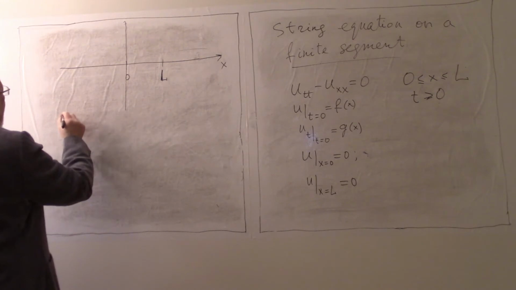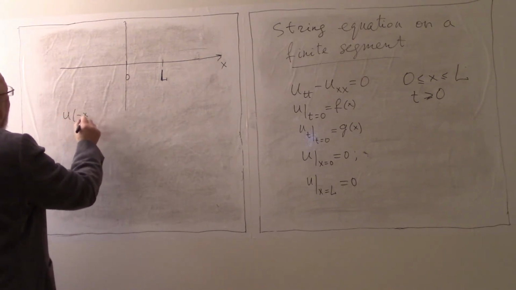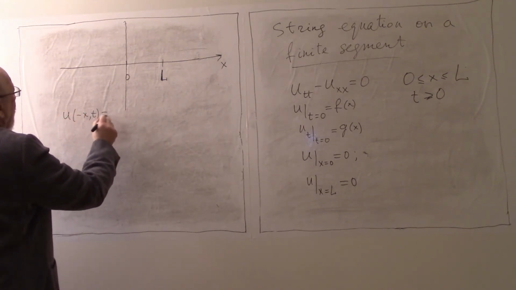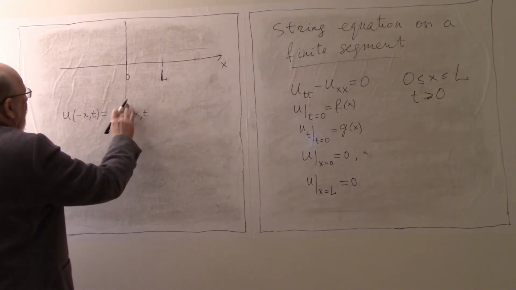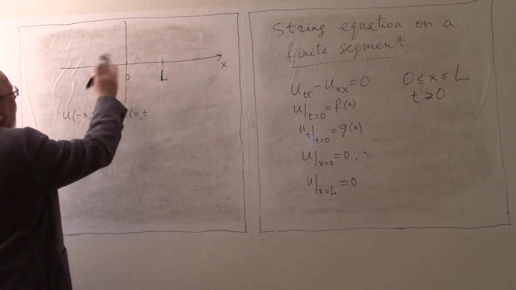So this means u of minus x, t equals minus u of x, t.